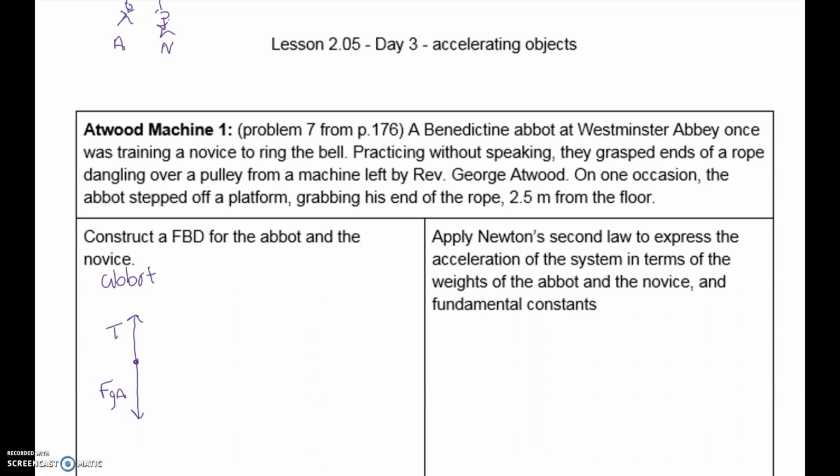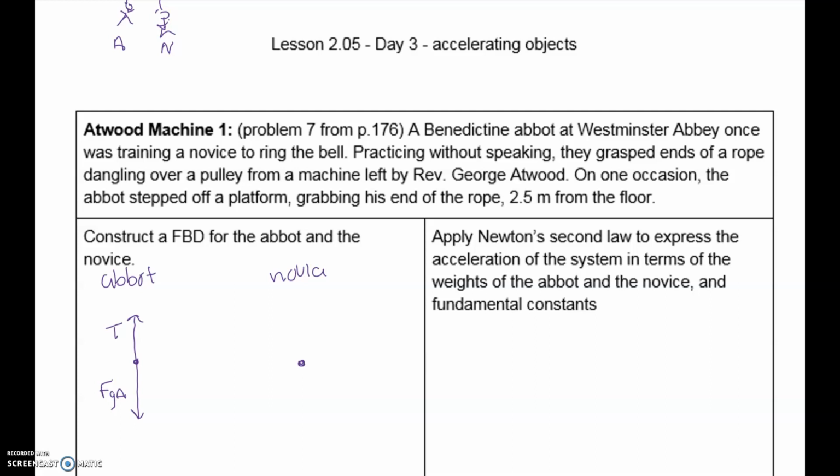And then for the novice, we have the same named forces. So here's a dot representing our novice. We have tension. Now, since it's the same rope over a massless, frictionless pulley, this rope has the same tension.